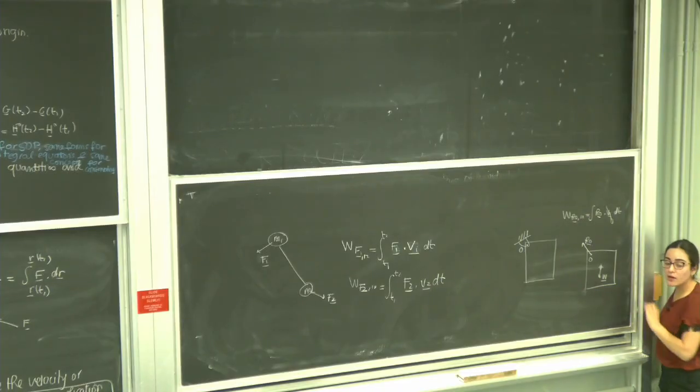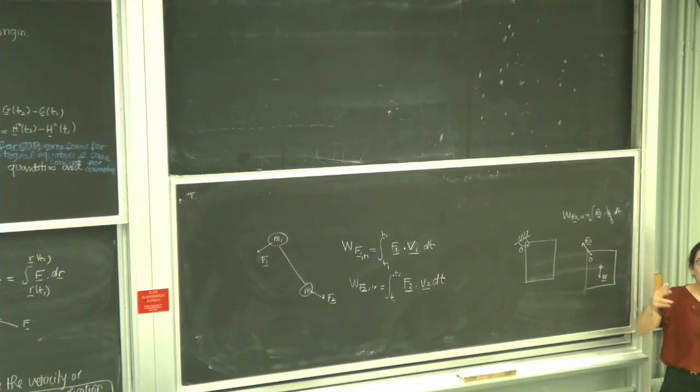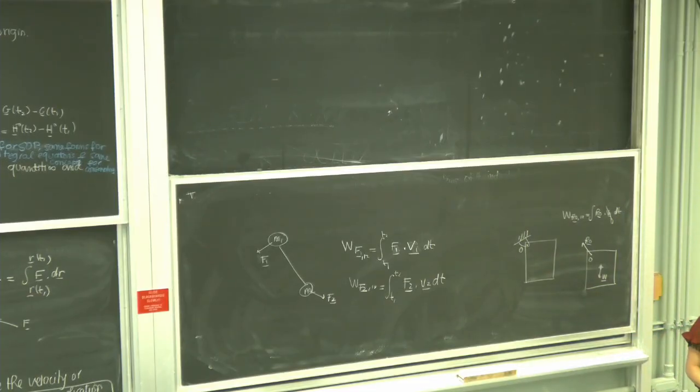Also, if I want to calculate the work of the weight, I look at the vertical displacement of which point? Exactly, the center of mass, that is the point of application of the weight. Different points on this body have different velocities and different displacements. To calculate the work of a force applied at a certain point, I have to look at the velocity and displacement of that point. Okay?